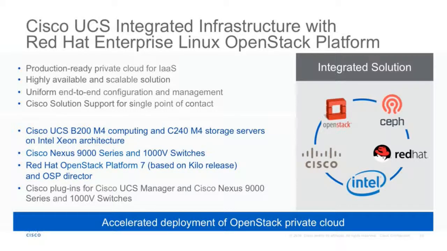It's a highly available and scalable architecture that customers can confidently adopt. And by the co-engineering and co-design that we did, it provides end-to-end configuration management and monitoring and control. This makes it simpler for our customers to leverage all this, backed by solution support that I was talking about earlier.